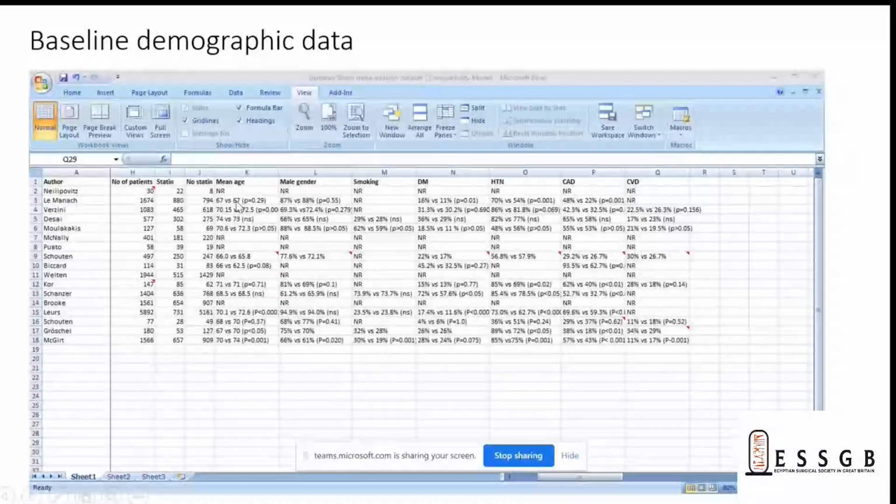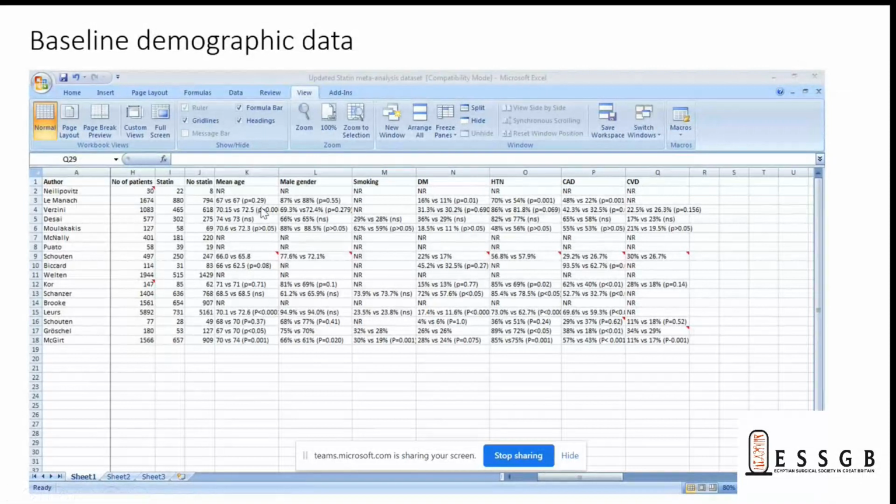If they have reported, for example, a standard deviation as well, which is again not difficult to find, you can just put it there. And if they have reported p-values, you can put them there, or not, it's up to you, but it's good to put them in, because sometimes it shows that, for example, in this study there was no difference in the mean age between the statin and no statin group, as reflected by the p-value of more than 0.05, it is 0.29 here.